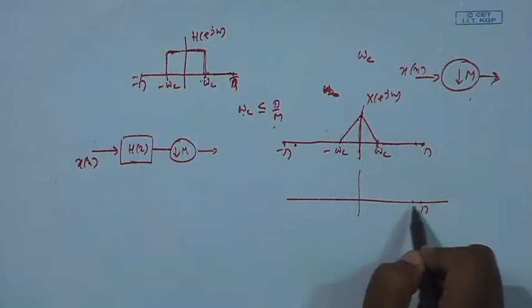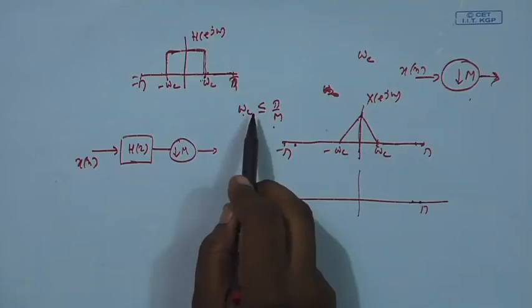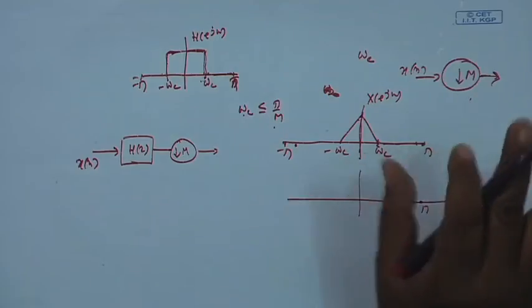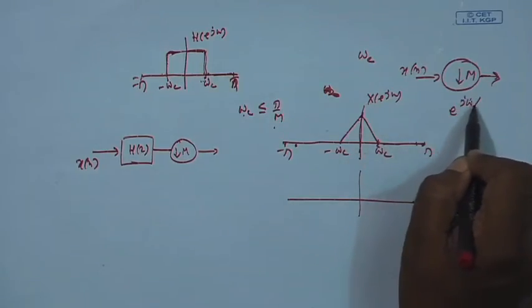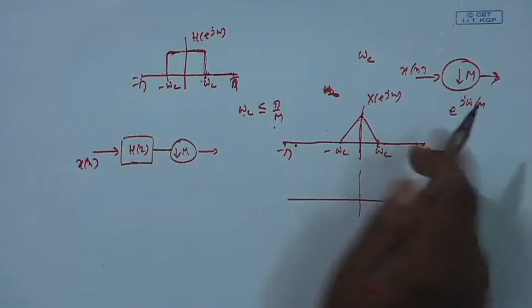It will go here, but it can go maximum up to pi, because omega c is less than or equal to pi by M. You remember the DTFT formula after decimation, where these factors come, e to the power j omega by M. As a result, this expands.